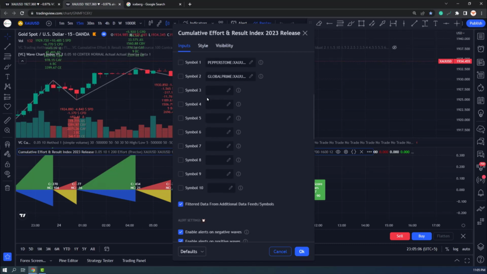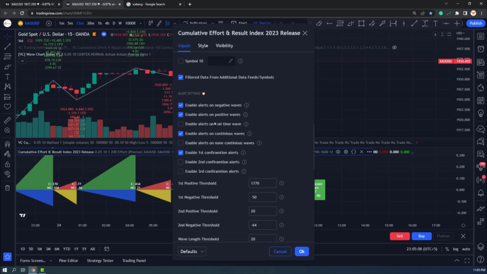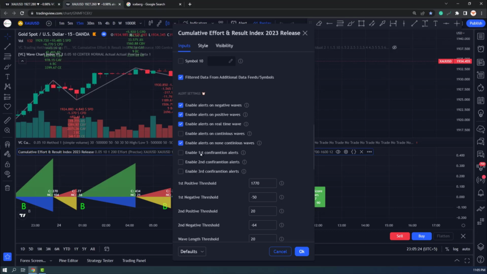I have not added. Enable first negative threshold, first positive threshold, enable alerts on real time, enable alerts on non-continue only. That's it. You don't need to check first, second, third. No, this is the very advanced concepts. You don't need to set this one.